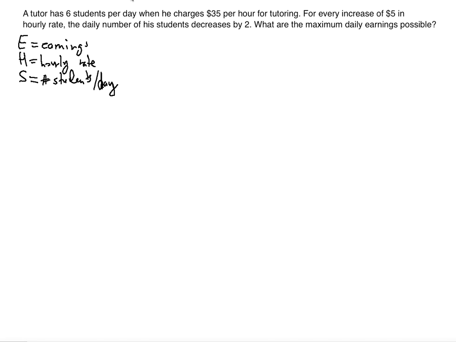Then we'll use the formula: earnings is equal to the hourly rate times the number of students. Okay. Now we assume that each student tutors for 1 hour. So this is going to be the formula that we're going to use.